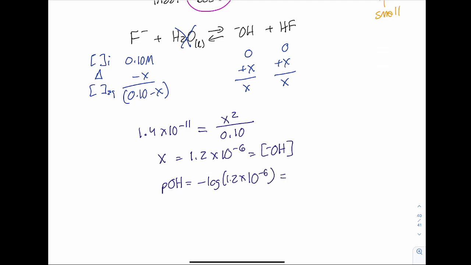So negative log of 1.2 times 10 to the negative 6 gives me 5.92, so 2 digits after the decimal point because I want 2 significant digits, and then 14.00 minus 5.92. I get 8.08 for my pH.